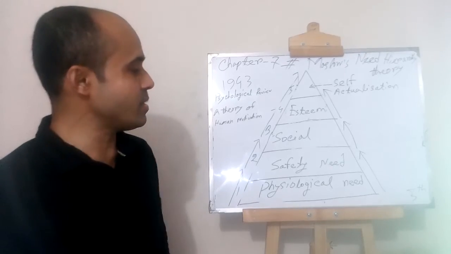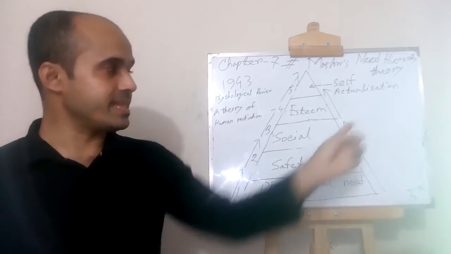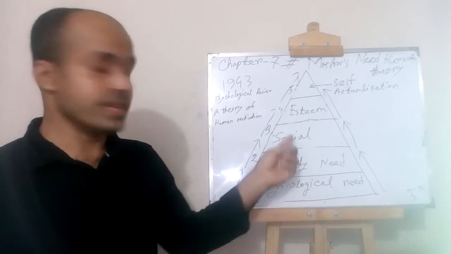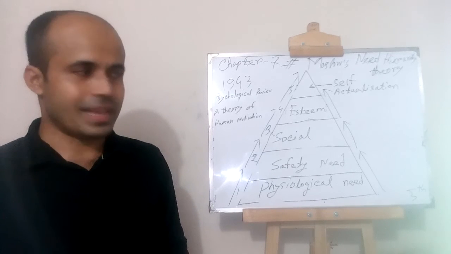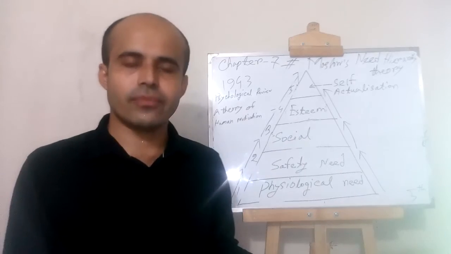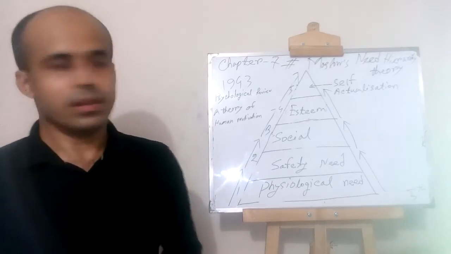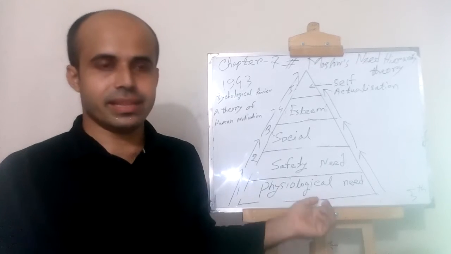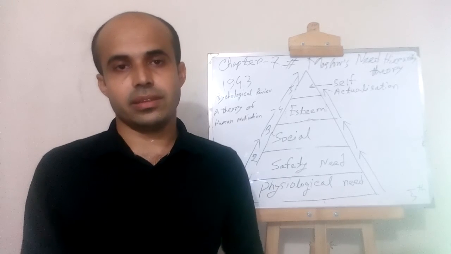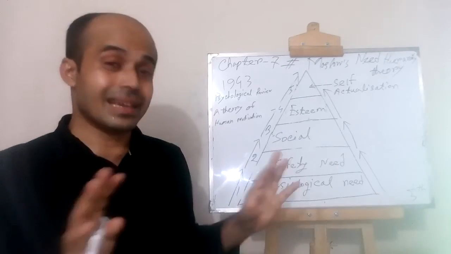How can I measure which stage an employee belongs to? How can I measure that his social needs are filled up, and that is why I have to give the esteem facilities? How can I measure that his physiological needs are filled up, so I have to give the safety needs to make him motivated? So this is one problem.